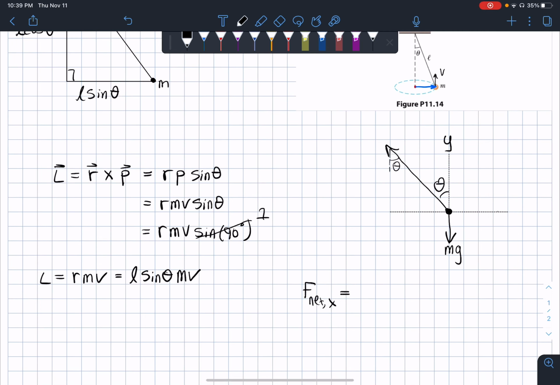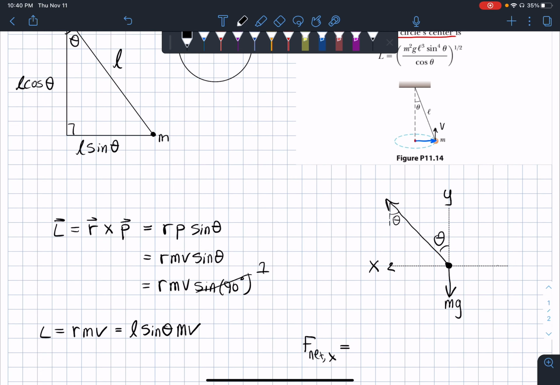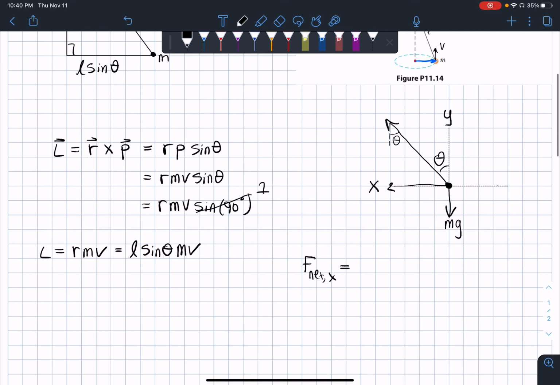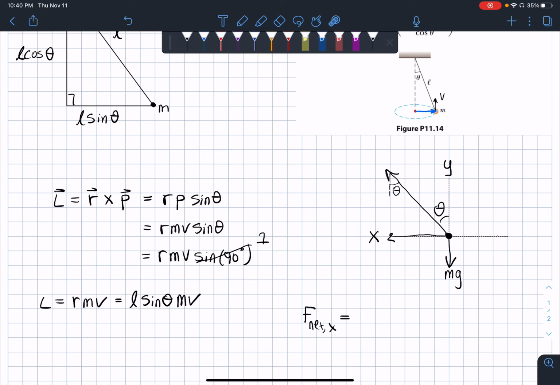This is going to be y, but in this case, I'm going to call this direction positive x because the object is actually accelerating in this direction as it is moving in a circle. The tension in the rope provides a centripetal acceleration. So I'm going to call this direction positive, because the object is accelerating towards the center of the circle.